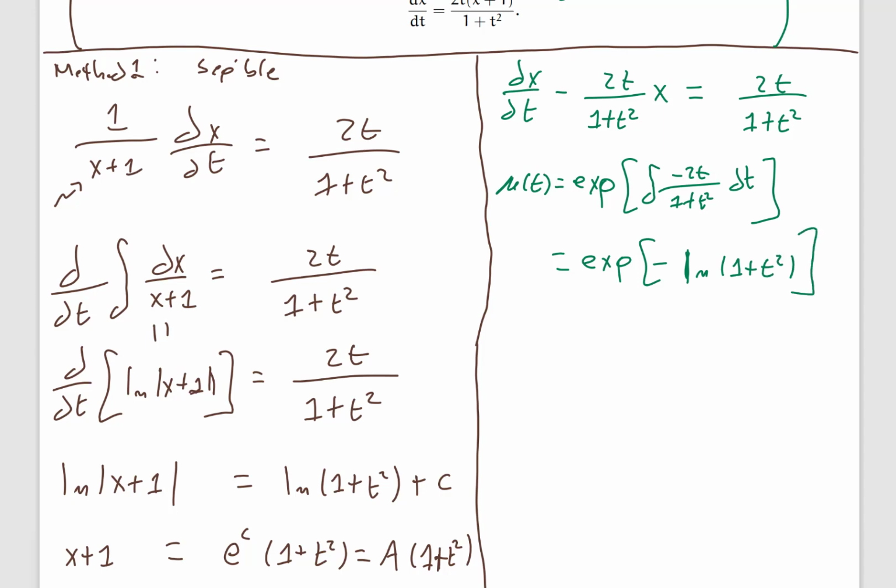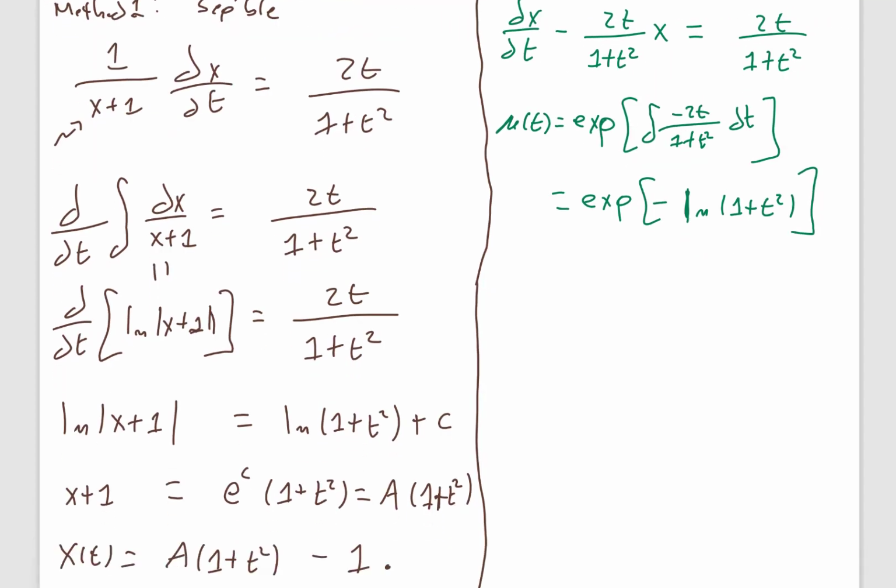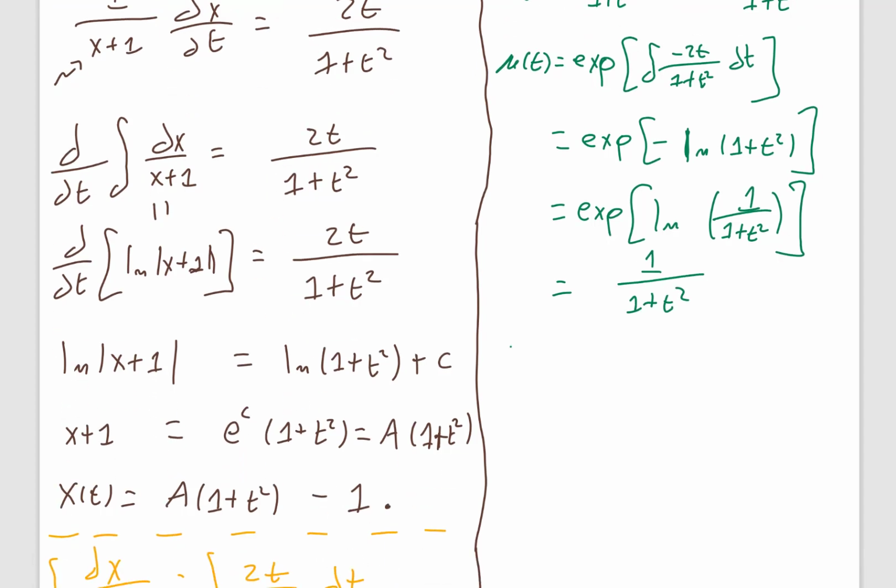Okay, so notice this penultimate step of taking the antiderivative of 2t over 1 plus t squared, you have to do that in either method. And so by rules of logarithms, this is equal to e to the power of the natural log of 1 over 1 plus t squared, and so this is just equal to 1 over 1 plus t squared. So the integrating factor is 1 over 1 plus t squared.